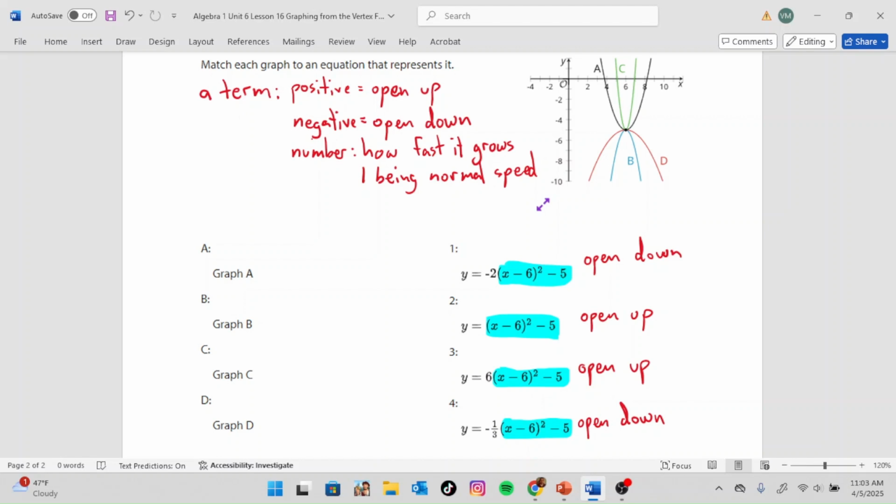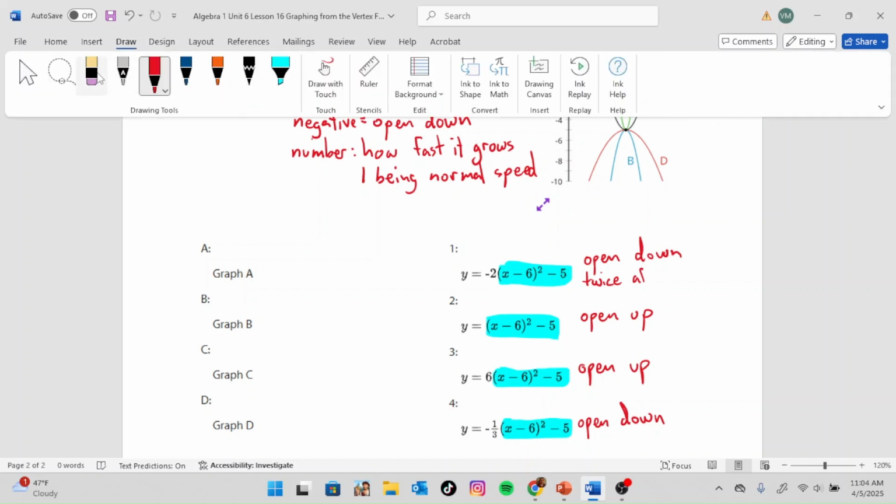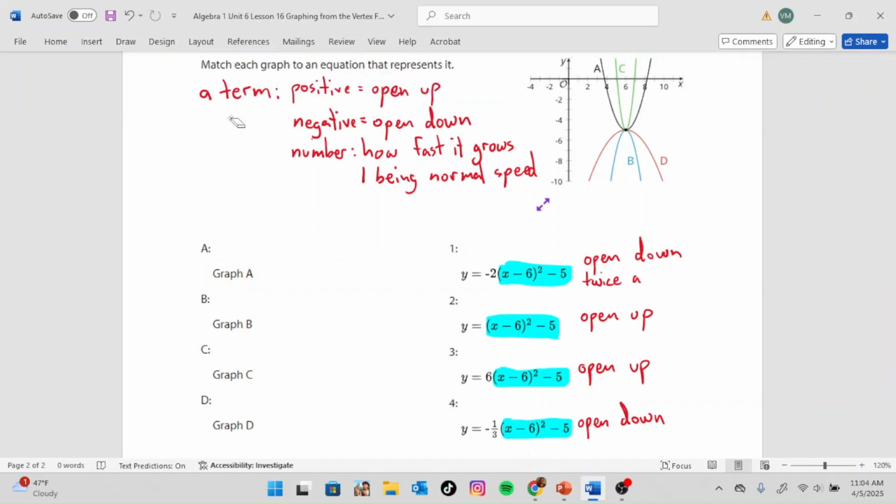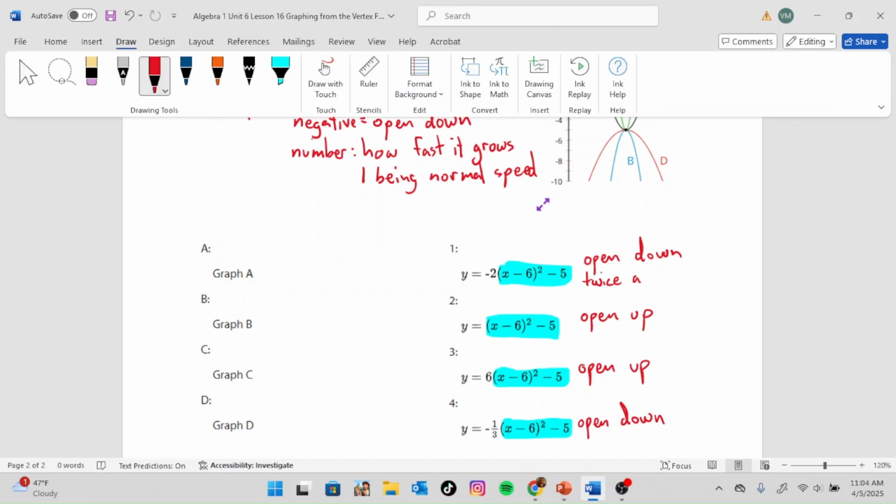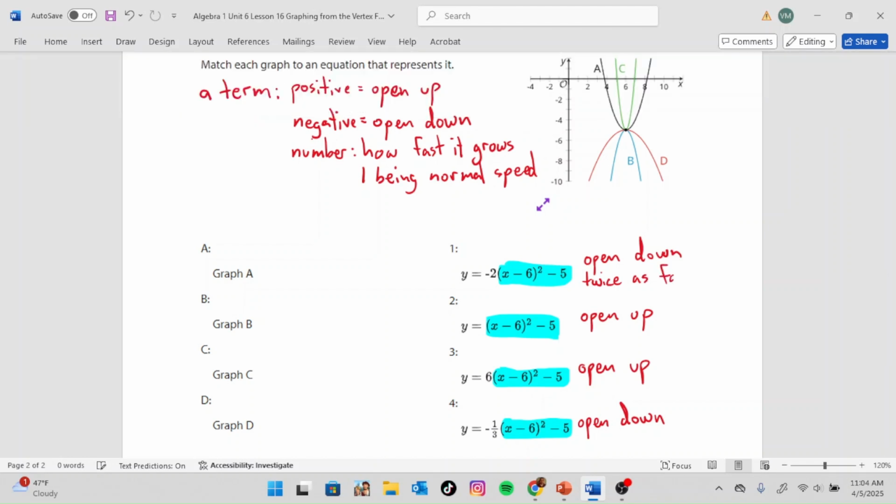So as I look at 1 and 4, I can see that 1 is opening twice as fast, or growing twice as fast. And 4 is growing 1/3 as fast.